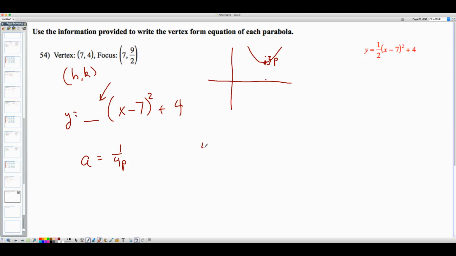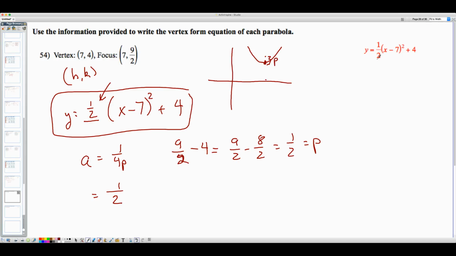So if I go 9/2 minus 4, I can write that as 9/2 minus 8/2, which is equal to 1/2. That's going to equal my p value. So my a value is equal to 1 over 4 times 1/2, which is 1 over 2. So I should get 1 over 2. And sure enough, that's what we have as our answer over here.